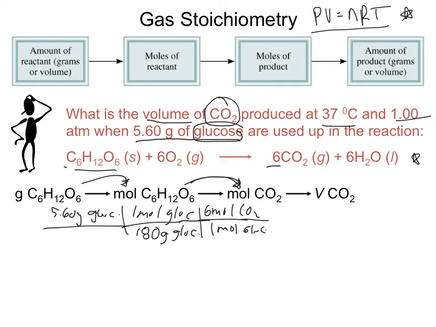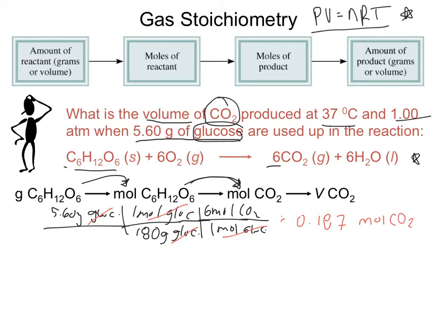All right, so if I were to calculate all of this out, multiply 5.6 times 1 times 6 divided by 180 times 1, that's going to give me 0.187. And the units that I'm going to have: grams of glucose and grams of glucose cancel, moles of glucose and moles of glucose cancel out, and moles of CO2 are what are left over.